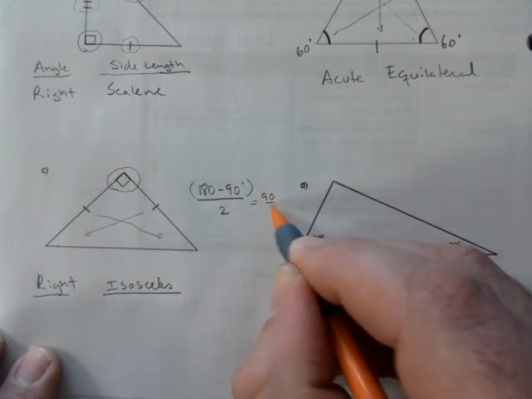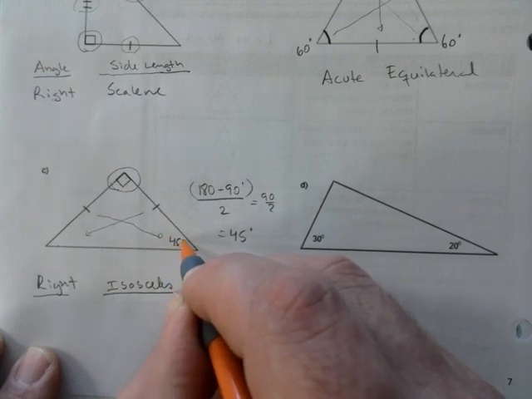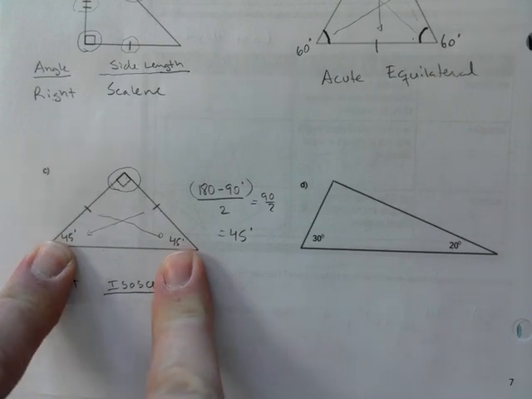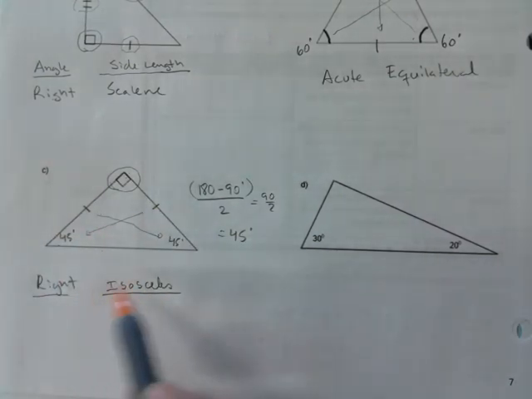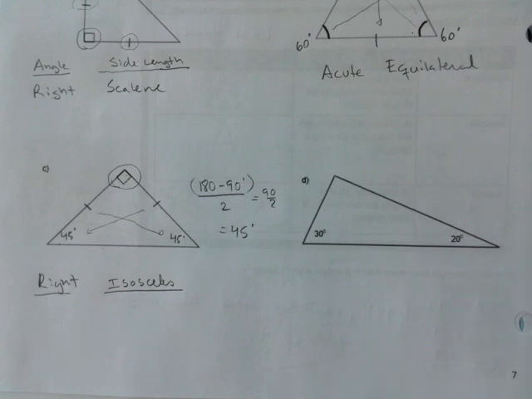That is 90 divided by 2, which is 45 degrees. So guess what? I could have just said 45, 45 instead of the markings, and you should have still been able to arrive at the same conclusion. So either way works. Just use whatever you know about triangles and figure stuff out.